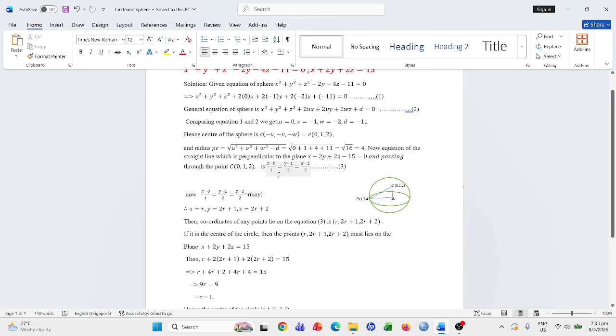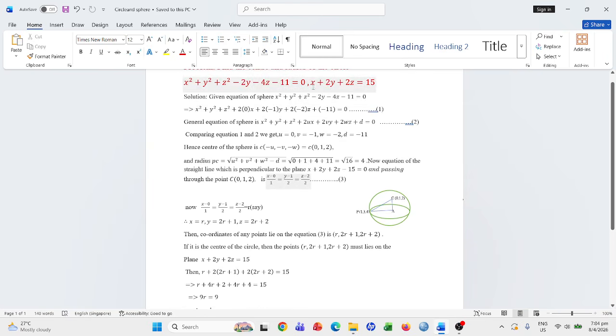I am also clarifying where I get the 1, 2 and 2. If you consider the equation of the plane, ax plus by plus cz plus d equal to 0, this is the standard or general equation of the plane.